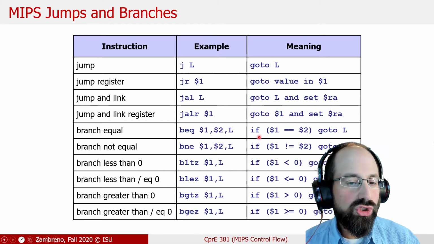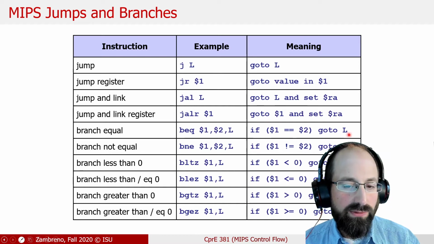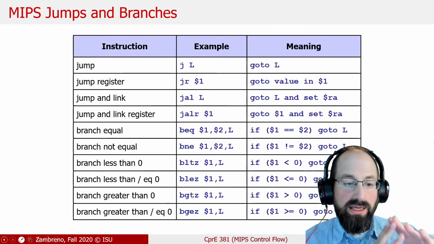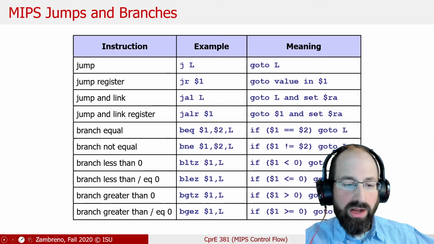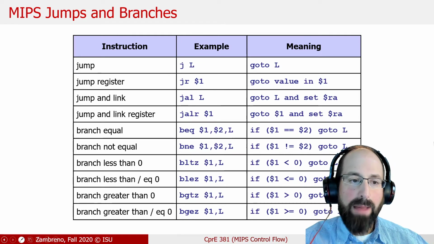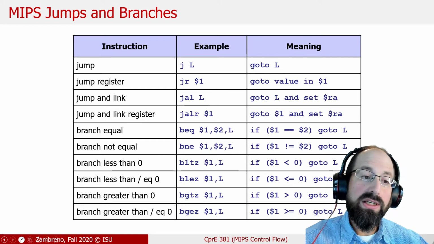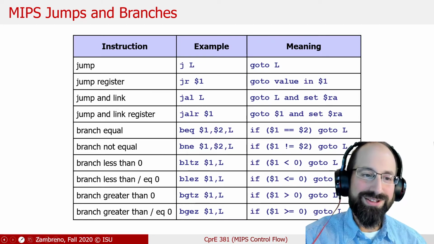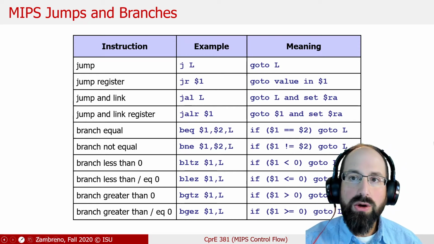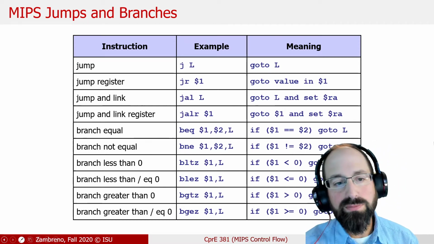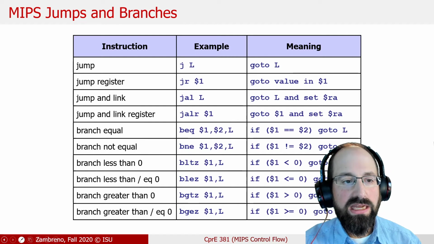What's not shown here is the else side of what happens with that branch, which is, if the condition is true, take the branch. Next instruction is whatever that label points to. But you always have to remember what happens on the else side. If the condition isn't true for those conditional branch instructions, we're still back to PC equals PC plus 4. So that's part of our implementation strategy.